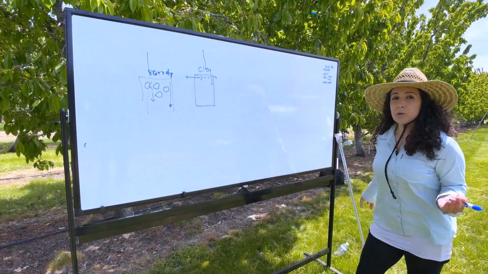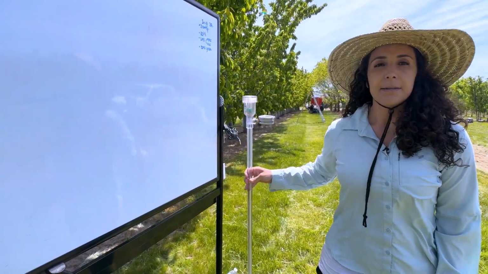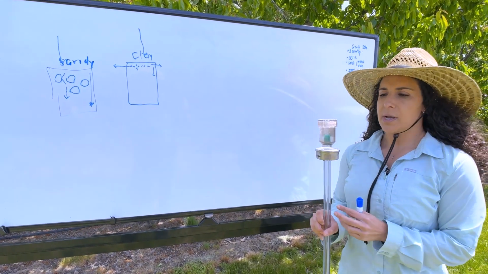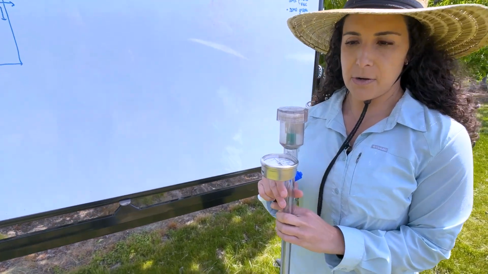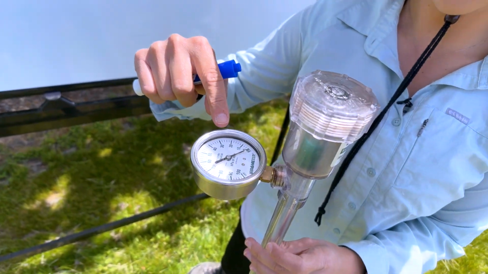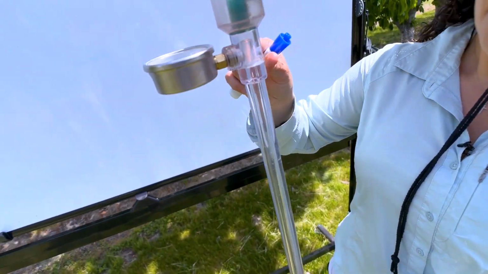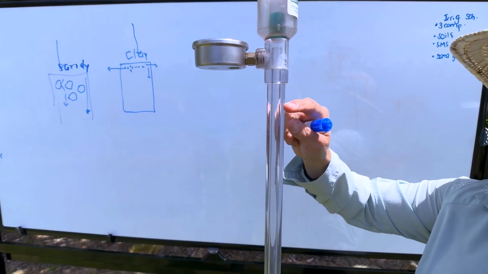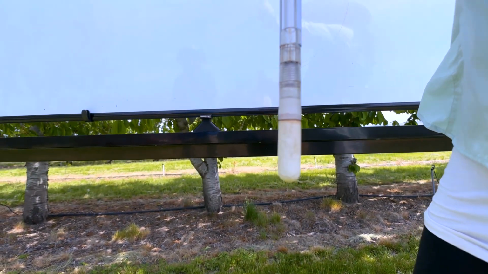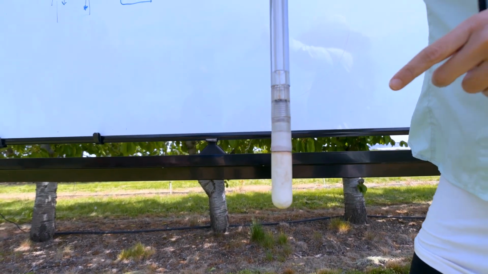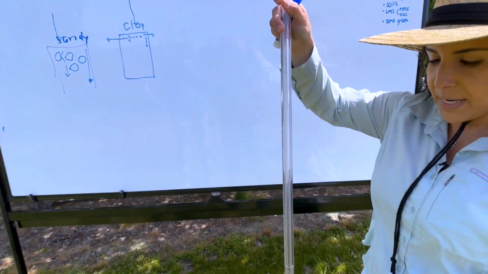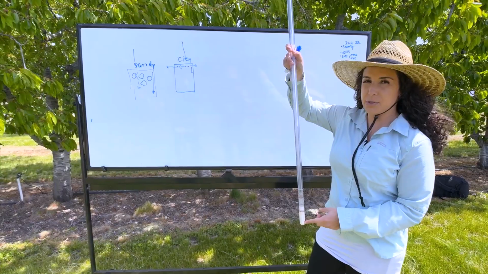There are multiple sensors in the market, and one of them is the tensiometer. As the name infers, it is a device like this that has a gauge and a tube that has water in it. We have to put water in it, and depending on the depth of where we want to install them, which we want to be at the effective root zone, it has this tip that is made of ceramic.